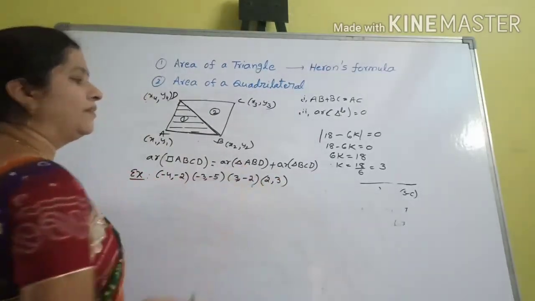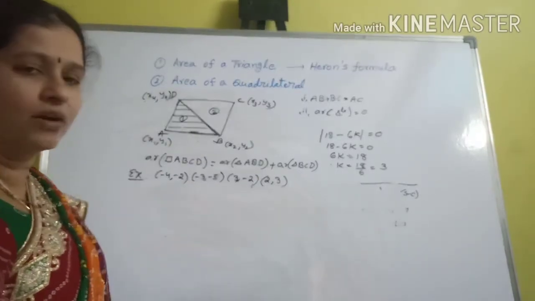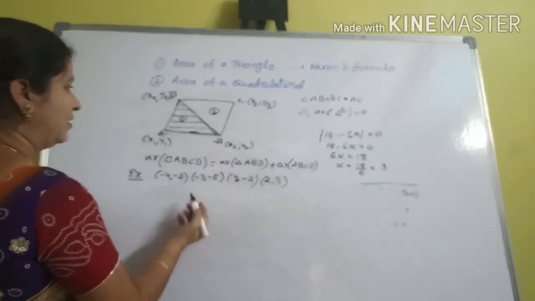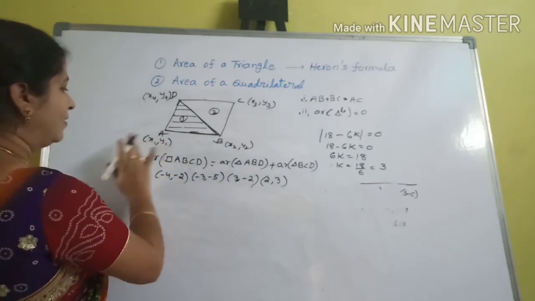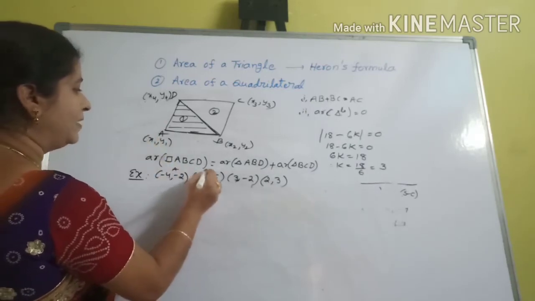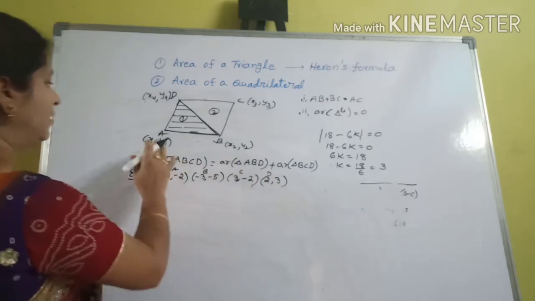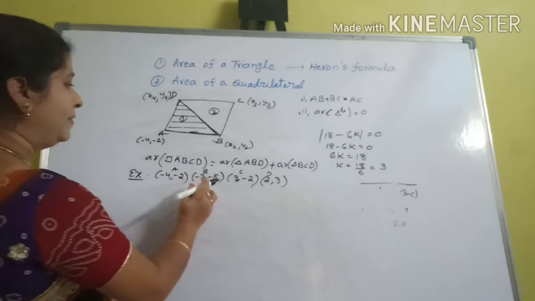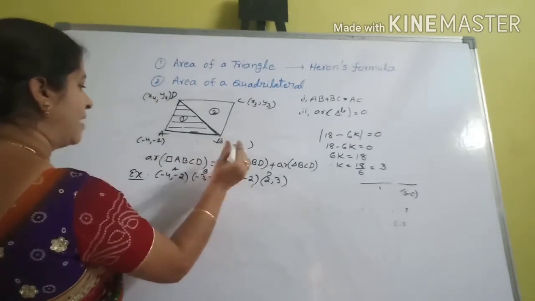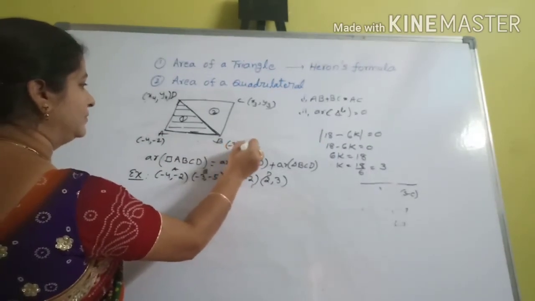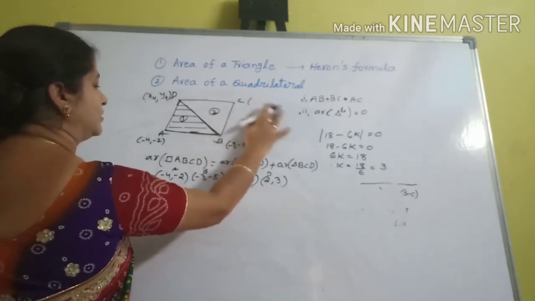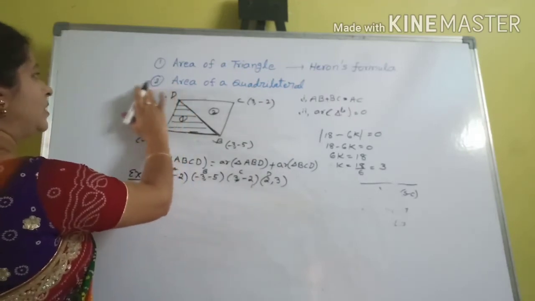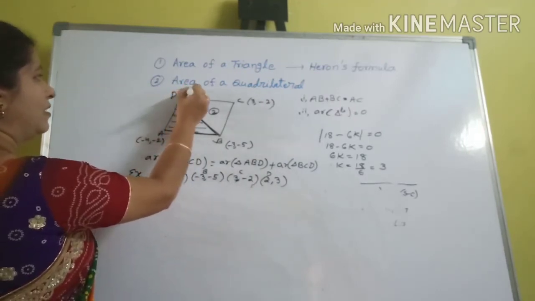If the 4 vertices of a quadrilateral are given like this, how can you find the area of the quadrilateral? So here A is -4 -2, B is -3 -5, C is 3 comma -2, D is 2 comma 3.